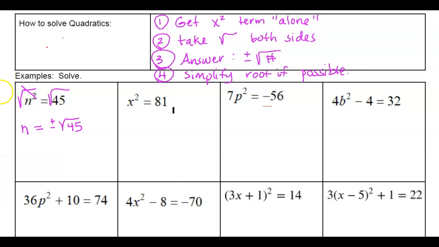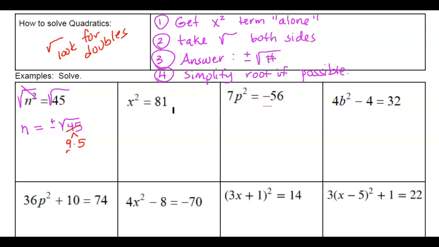Remember, for square roots, you want to look for doubles. I don't want a decimal, I want the exact answer. So we're going to find 2 numbers that multiply to give us 45. I think 9 times 5. And you want to keep breaking that down until it's done.